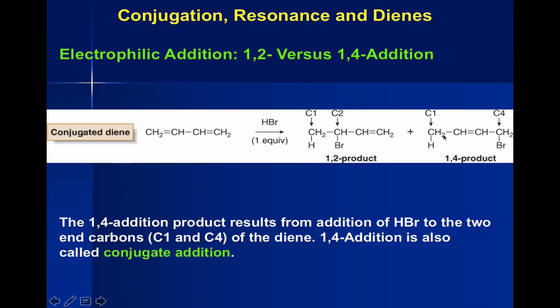And the reason that this happens is because these two pi bonds are actually in conjugation with one another, and it's really one pi system. And so you can imagine getting two products. The 1,4 addition is also known as conjugate addition because it's adding across a conjugated system, whereas 1,2 is also known as simple addition.